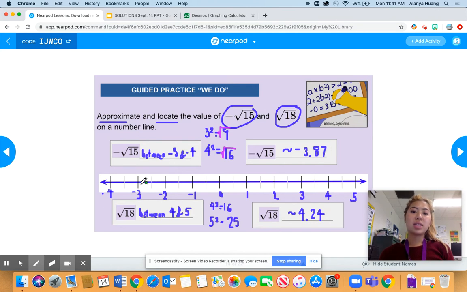So if this is -3, -3.5, -3.87 is around here. And so that's where negative square root of 15 is. And then for 4.24, if this is 4, let's say 4.24 is around here. So this is going to be where square root of 18 is.